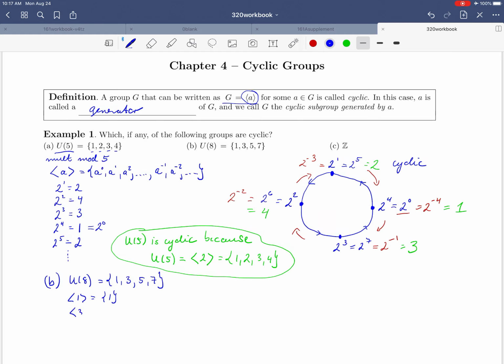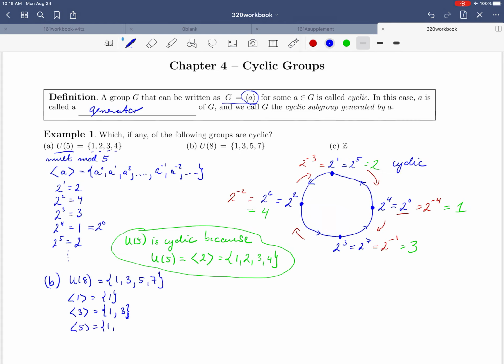What do you get when you take powers of 3? Well, you get 3 to the 0. That is the identity, so we do have the identity. And then 3 to the 1, that is 3. Okay, and then 3 squared, that is 9. Mod 8 is 1 again. So I don't get anything new. I just have a 1 and 3. What about taking powers of 5?